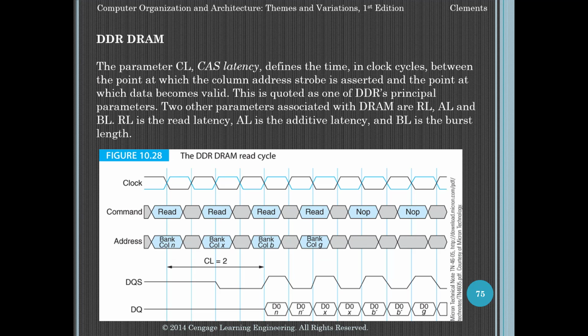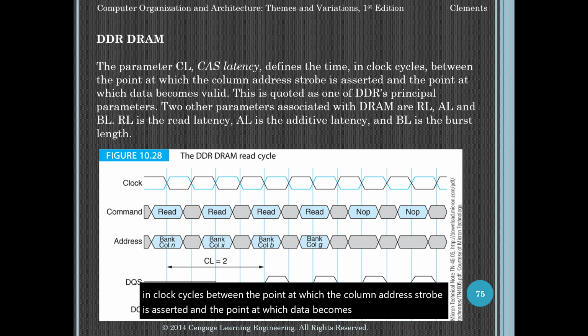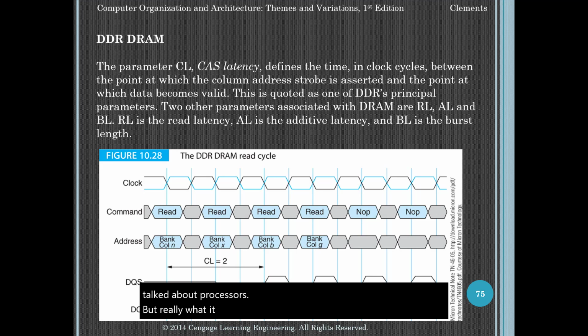So we have this parameter, CAS latency, or CL, which defines the time in clock cycles between the point at which the column address strobe is asserted and the point at which data becomes valid. Now, we know a little bit about data validity because we talked about this when we talked about processors. But really what it means is that we're accessing data at twice the rate.